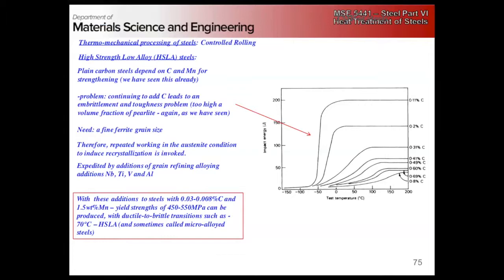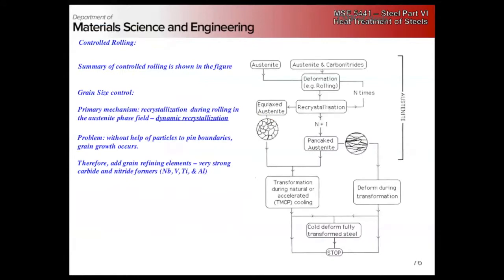So this is really the motivation for a fine grain size. We want to keep the cementite regions small. We don't want these large single pearlite colonies. Okay, so the schematic of this is pretty simple.